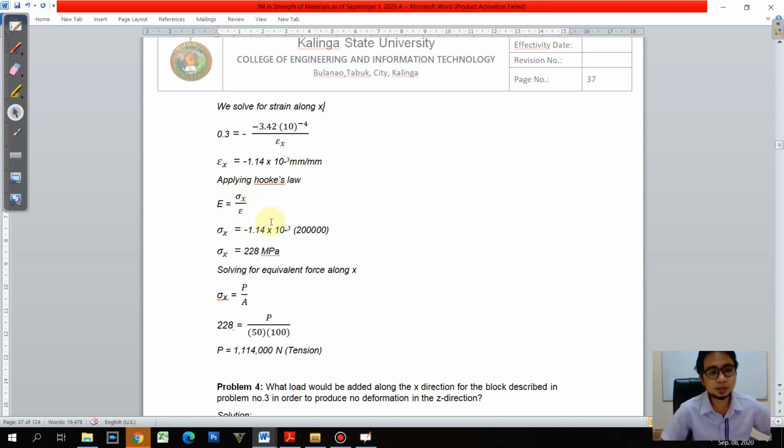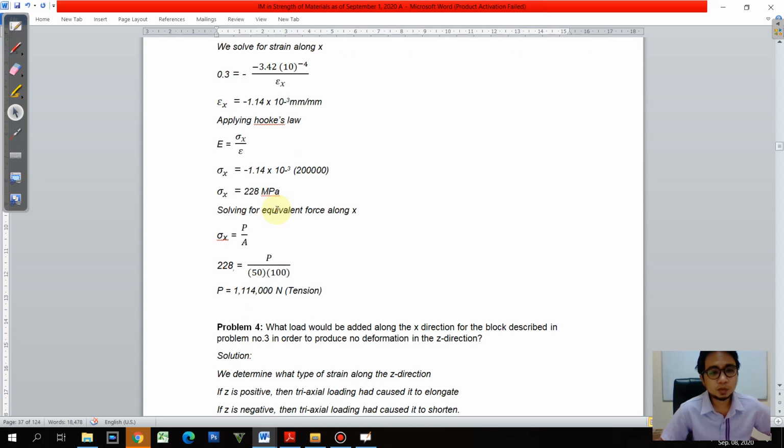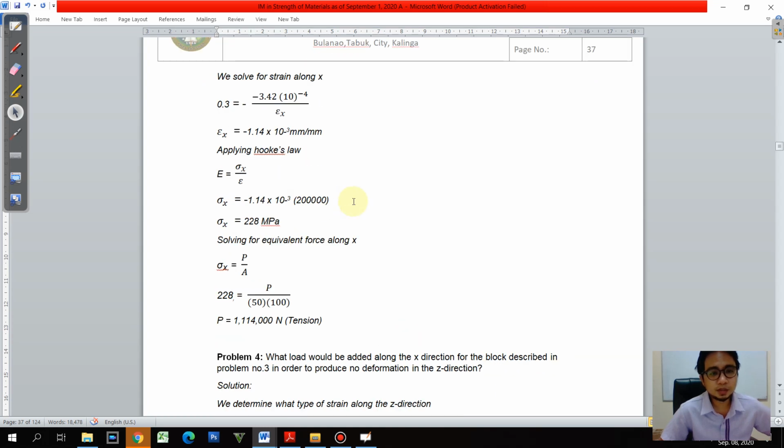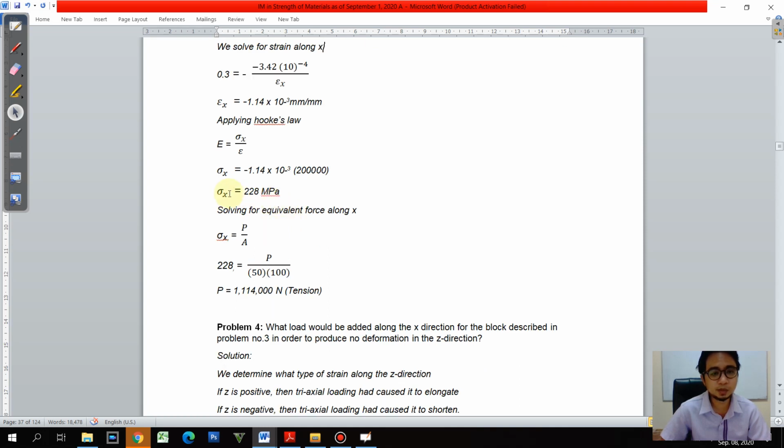Along the x direction, we have 1.14 times 10 raised to negative 3 times, by cross multiplication, the modulus multiplied by the strain along x. So by that, we have the stress along x equal to 228 megapascals.